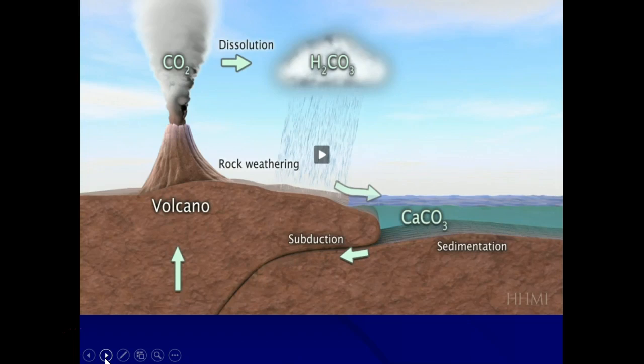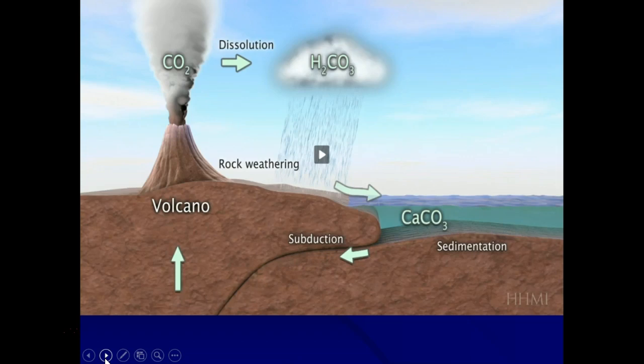They'll take out that carbon and make shells. So if you look at mollusks and corals and plankton and crustaceans, they all suck this out of the water and turn it into a shell.